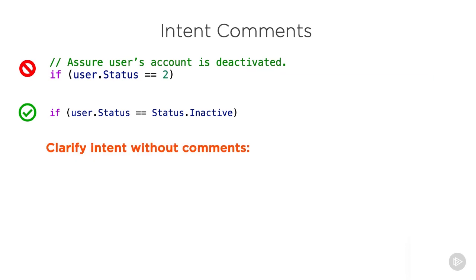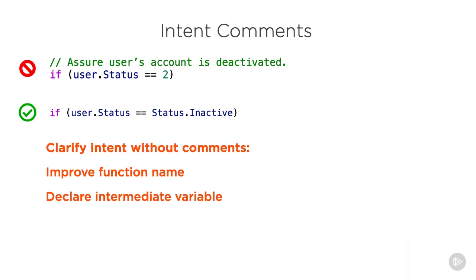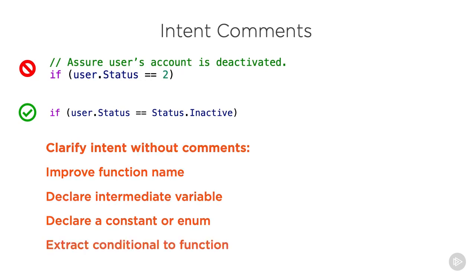There's a number of ways to avoid needing to create an intent comment, including creating an improved function name, declaring an intermediate variable, creating a constant or an enumeration as we saw above, or finally, refactoring a conditional into a well-named function.